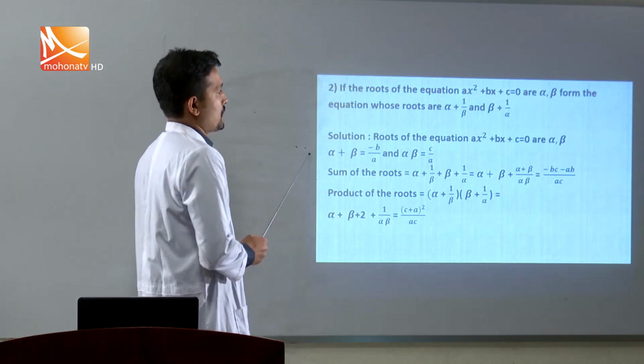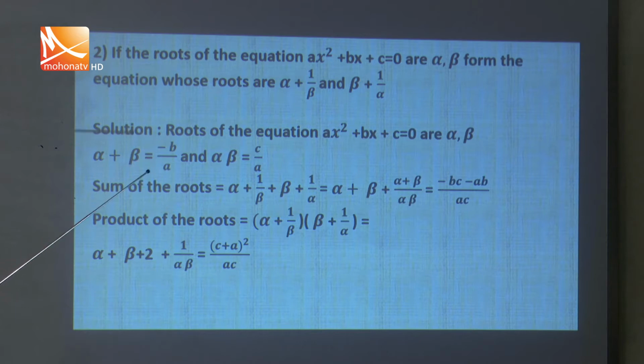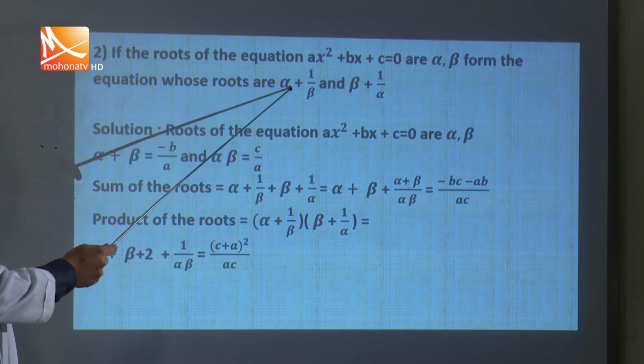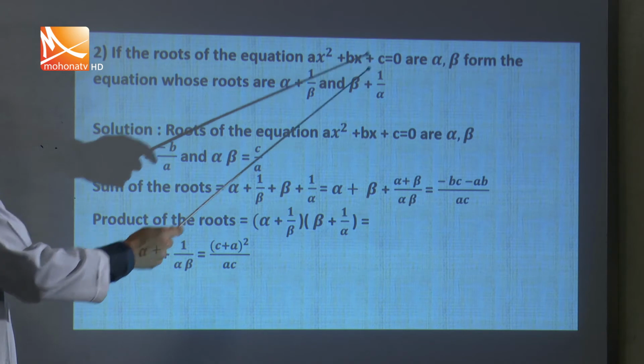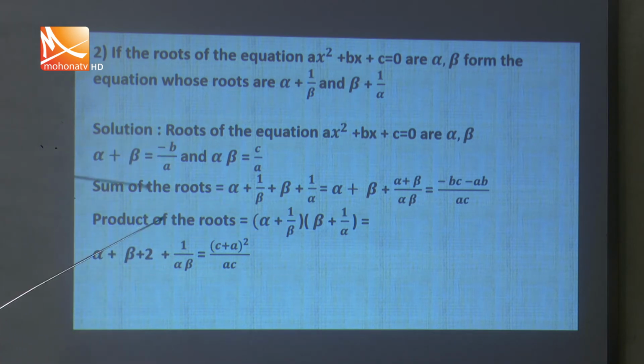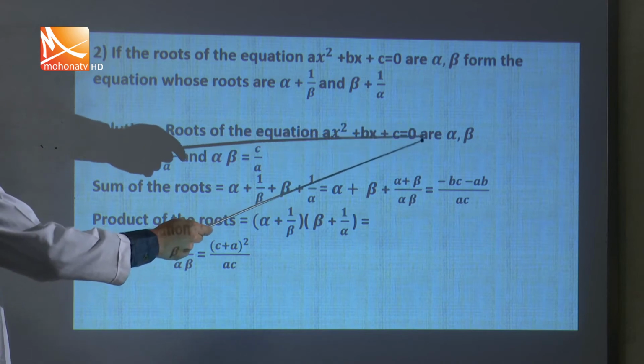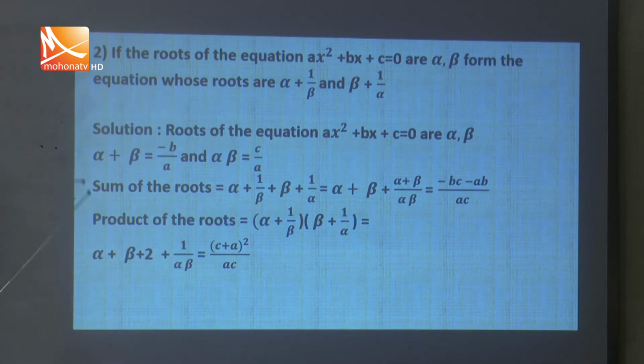If the roots of the equation x² + bx + c = 0 are alpha and beta, form the quadratic equation whose roots are alpha + 1/beta and beta + 1/alpha. Here the roots of the quadratic equation are alpha and beta.